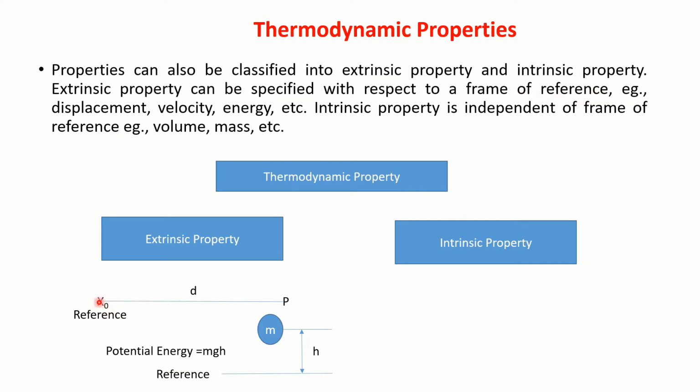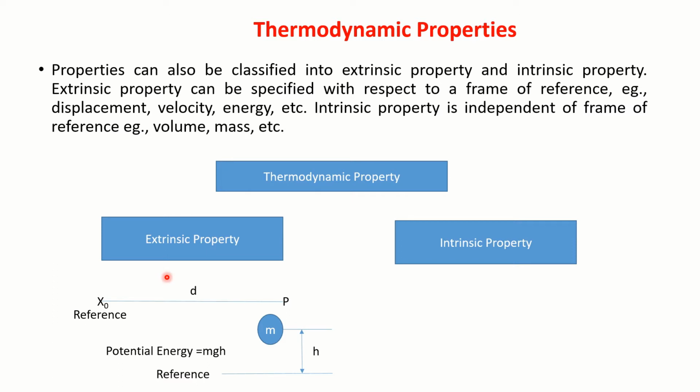Let us say there is a reference point, and a point P is moving with respect to this point. At a given instant, this point P is at a distance D from a reference point. So we always measure with respect to a reference. Such a property, we call an extrinsic property.